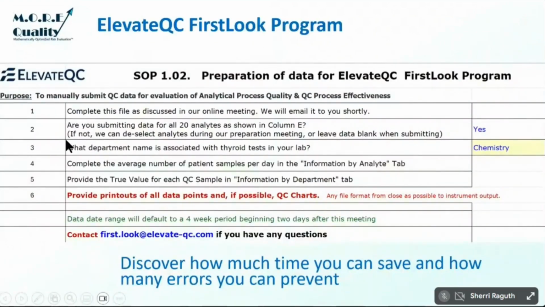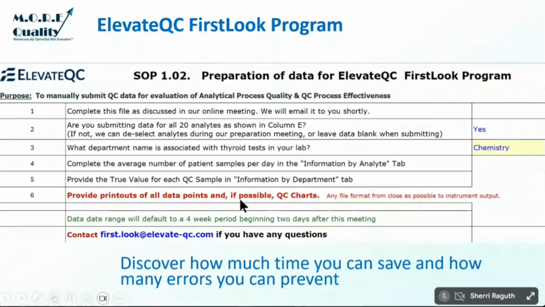All you need to do is complete the file. We're including thyroid tests in here, and some people call that special chemistry or whatever. Tell us the average number of patient samples per day. Provide the true value for each QC sample.